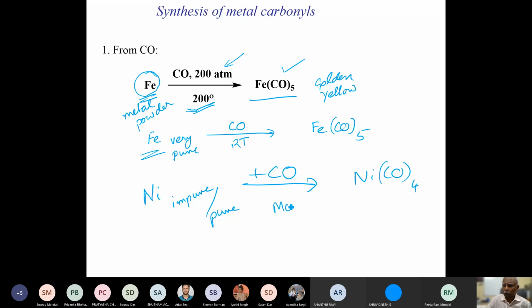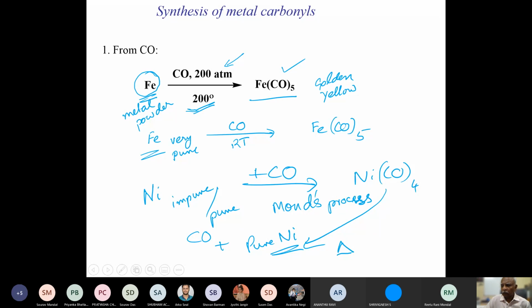So this is the Mond process, because if you heat it, you can get pure nickel plus CO. So in order to get pure nickel, you can take impure nickel, treat it with carbon monoxide and get nickel tetracarbonyl.